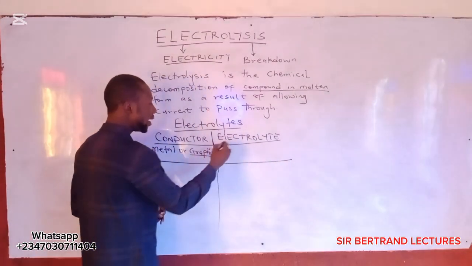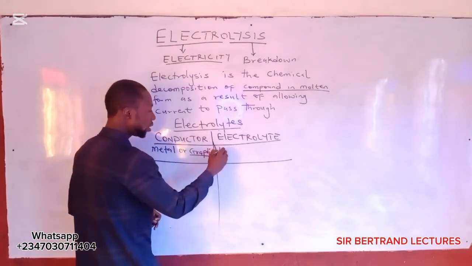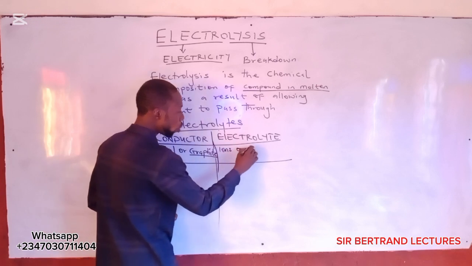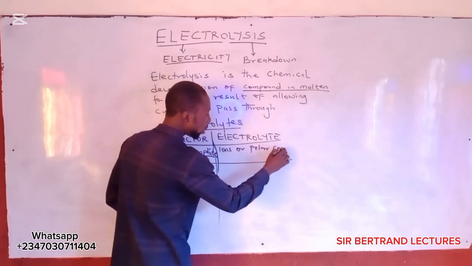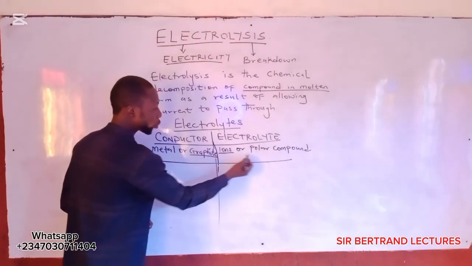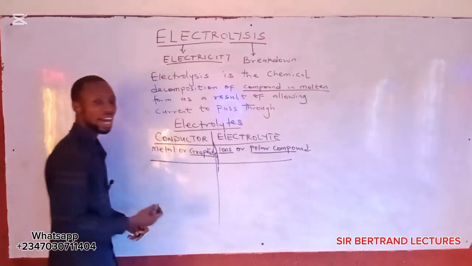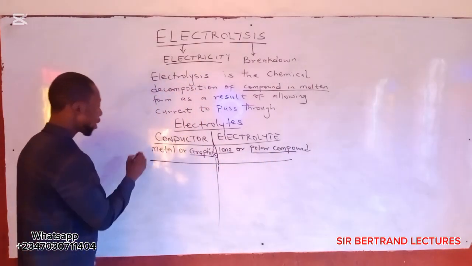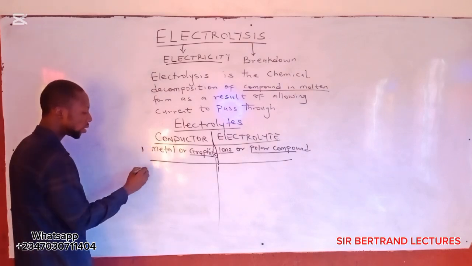While electrolytes can be ions or polar compounds. That is point number one.